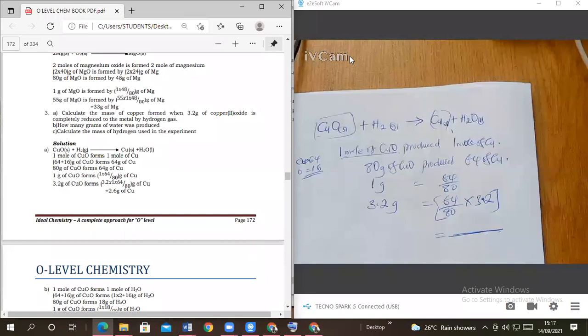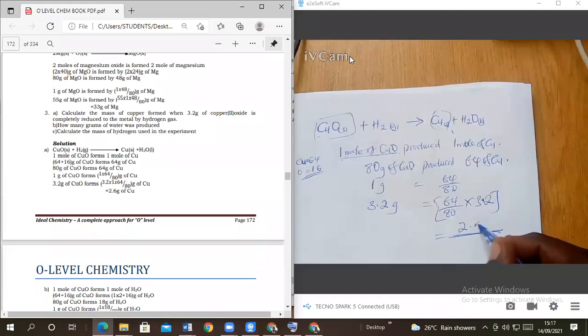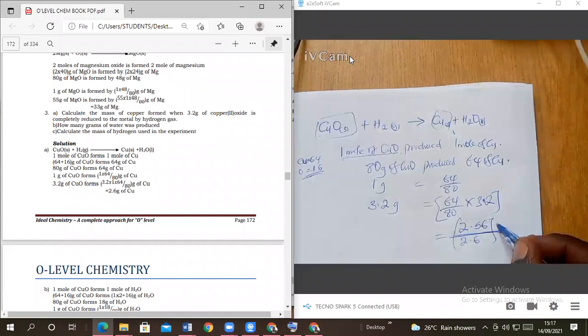Press the calculator very fast. 64 divided by 80 times 3.2 is 2.56 grams of copper formed.